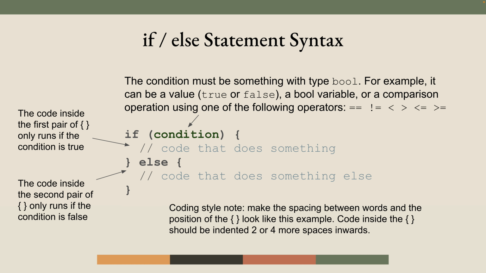And then in the second set of curly braces after the else, that's our false case. And then I just put in a little coding style note about the spacing.